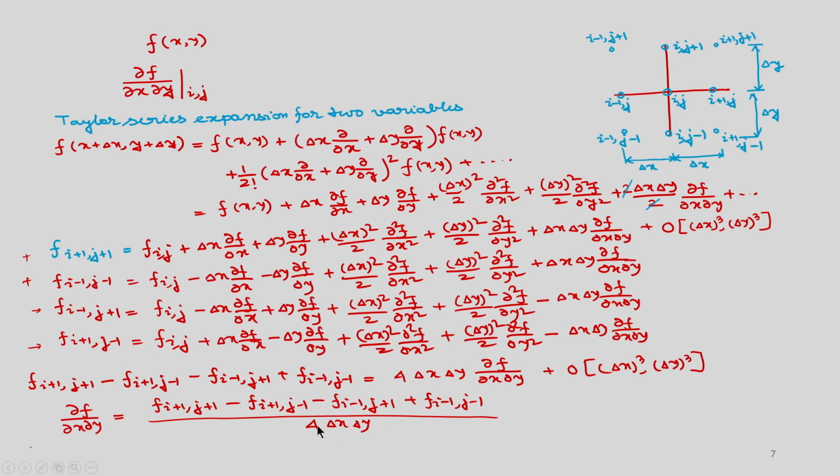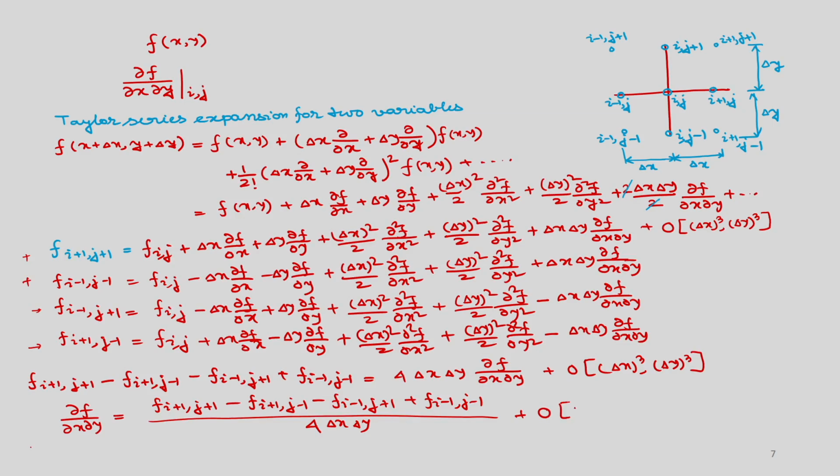Okay. So, what will be the order of accuracy? The truncated term, as we have seen, is order of Δx³ and Δy³. Now we are dividing by Δx and Δy. So, obviously, the order of accuracy will be Δx² and Δy².